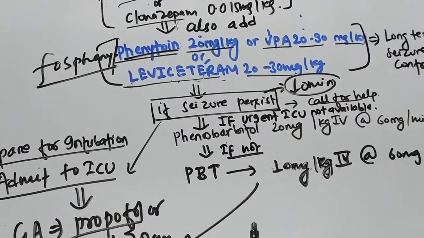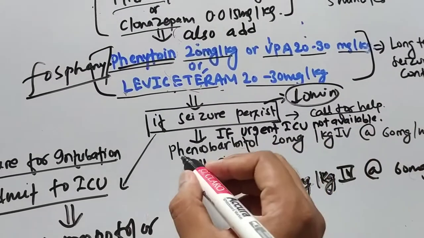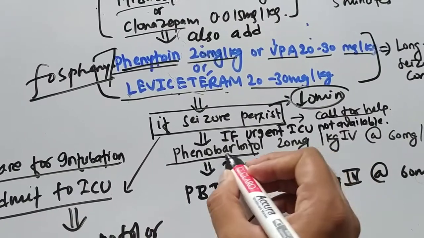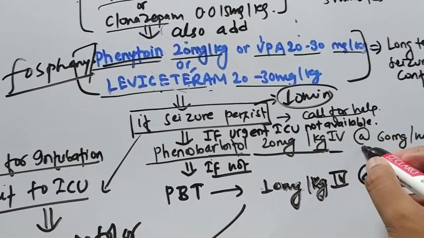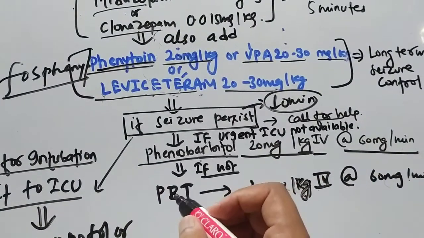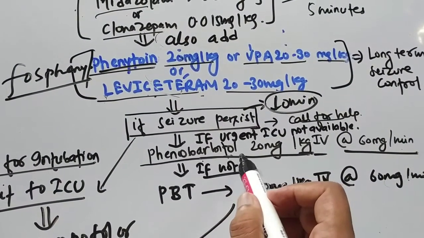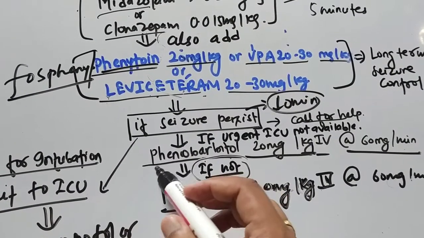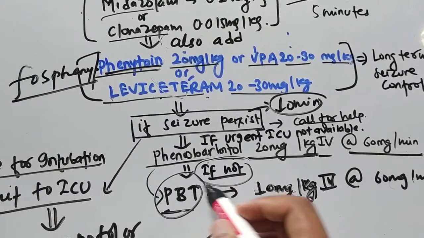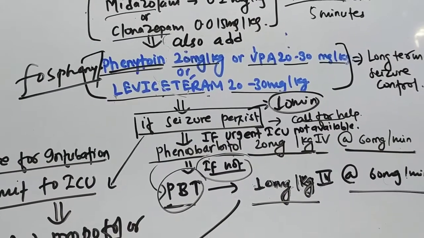But if an urgent ICU is not available, you can give phenobarbital 20 mg per kg intravenously at the rate of 60 mg per minute. If it is not controlled by this, you can add an extra dose of phenobarbital, 10 mg per kg at the rate of 60 mg per minute.